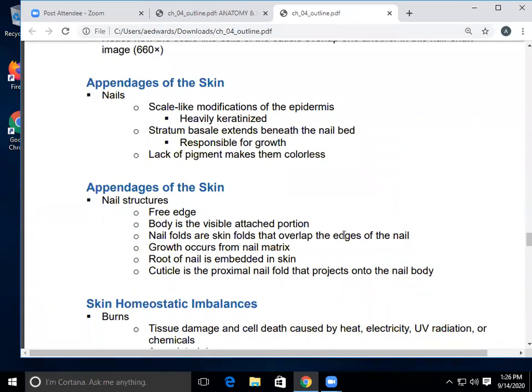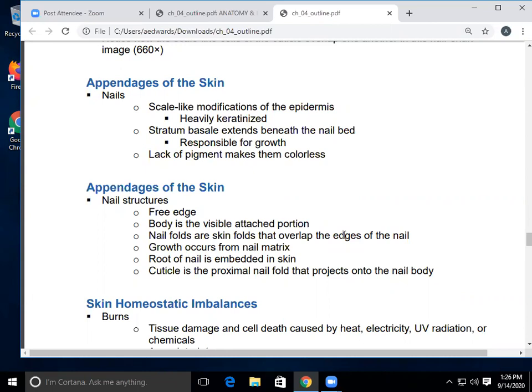All right, let's talk about the nails. These are modifications of the epidermis, which obviously are highly keratinized, right? And they're very hard. The stratum basale of your epidermis goes beneath the bed of your nail.